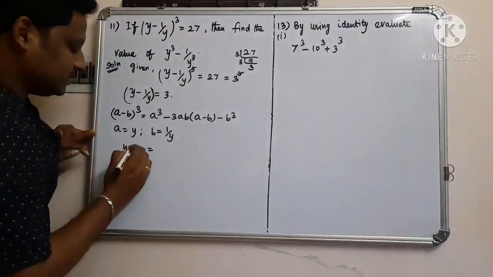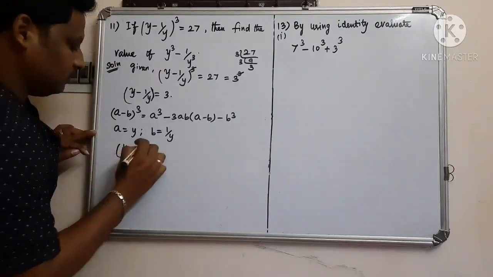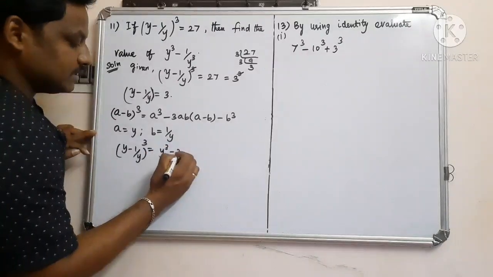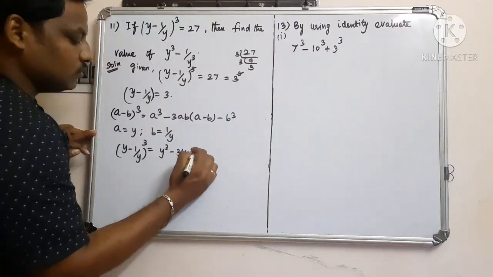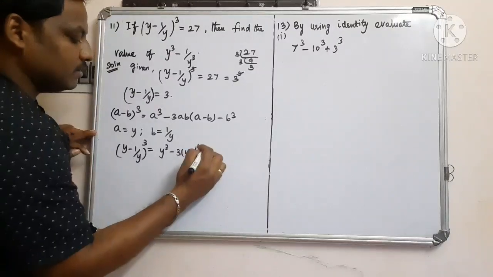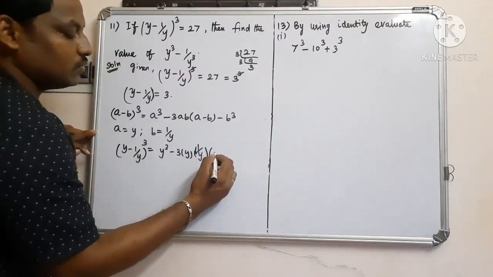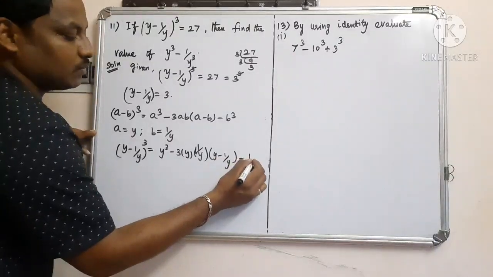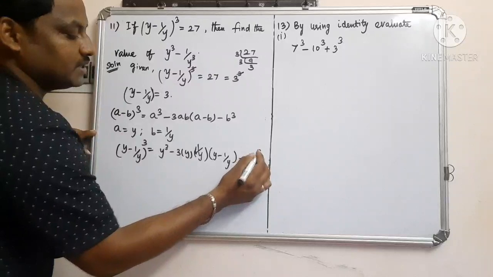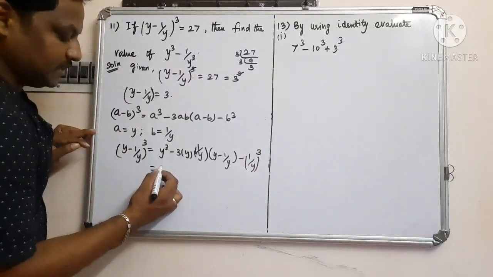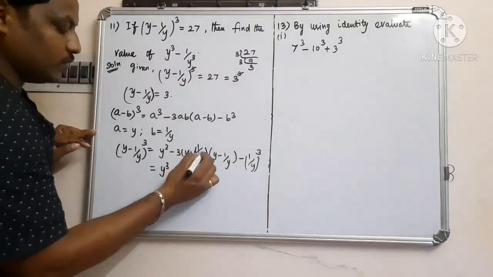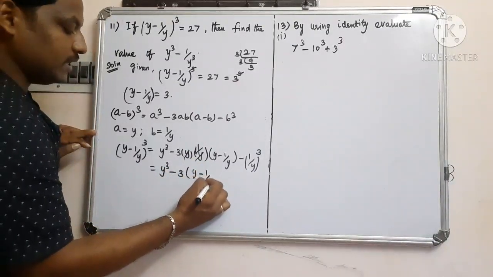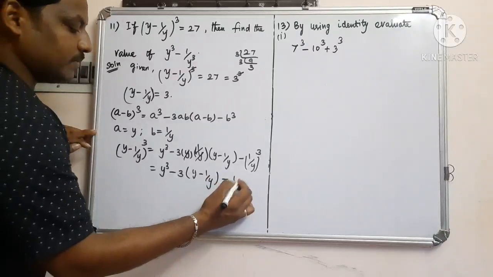So (y minus 1 by y) the whole cube is y cube minus 3 into y into 1 by y into (y minus 1 by y) minus (1 by y) the whole cube. So now y cube, y will be cancelled. So minus 3 into (y minus 1 by y) minus 1 by y cube.